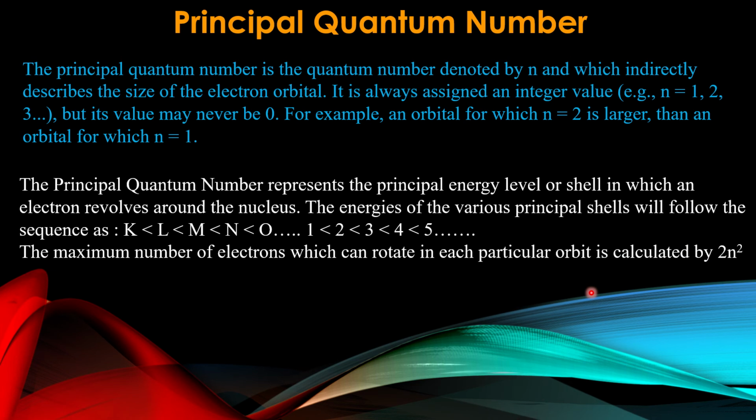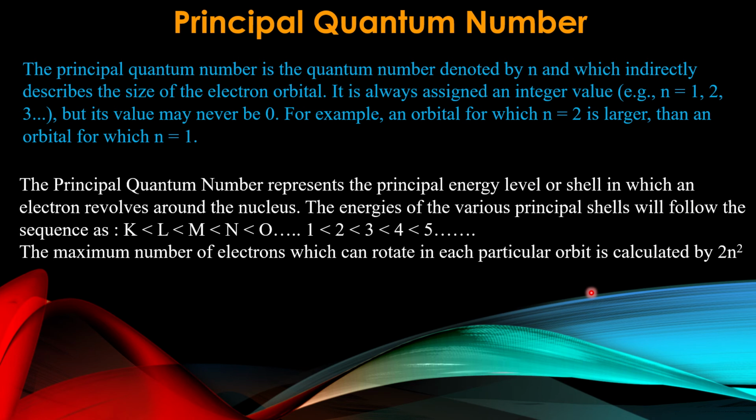The principal quantum number represents the principal energy level or shell in which an electron revolves around the nucleus. The principal shell is determined by principal quantum number. The energies of the various principal shells will follow a sequence: as you know, the energy of K shell is the least, and then L shell, M shell, N shell.